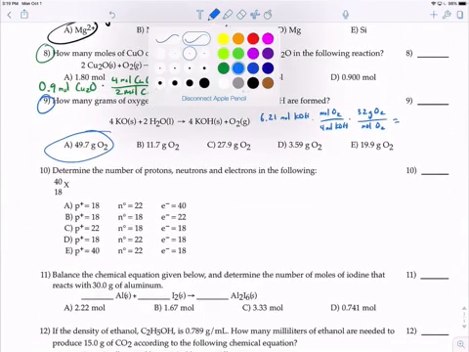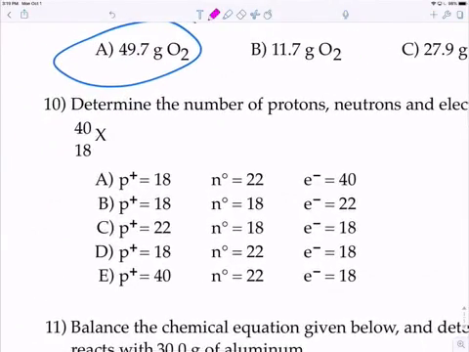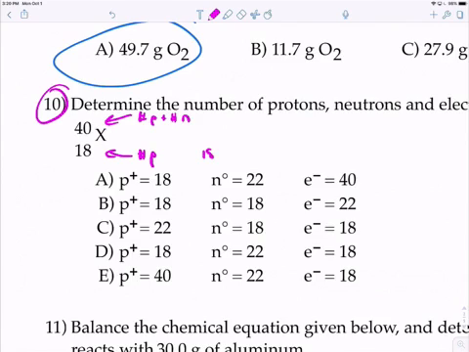Okay, next one. So this bottom number is the number of protons. This top number is the number of protons plus the number of neutrons. So there are 18 protons, and since there's no charge, number of electrons equals the number of protons.